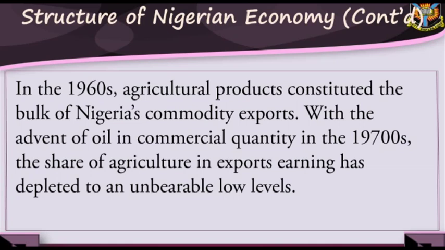Four products jointly constitute the bulk of Nigerian total imports. These are food, live animals inclusive, chemicals, manufactured goods, and machinery and transport equipment. Together, these four constituents of import are responsible for more than 85% of total imports.